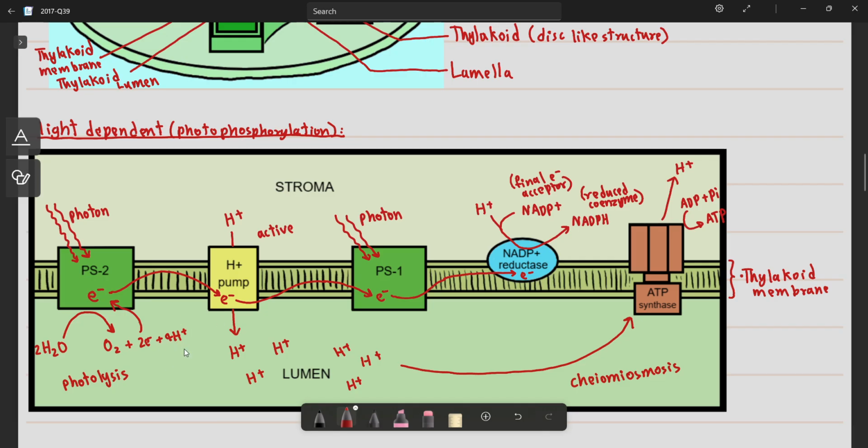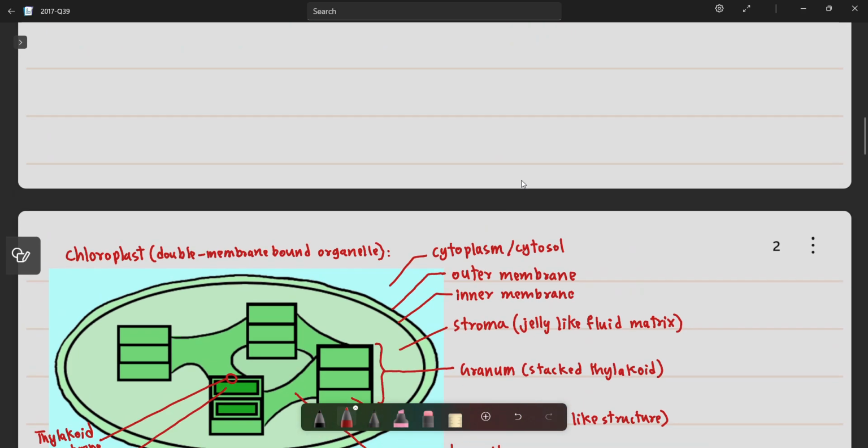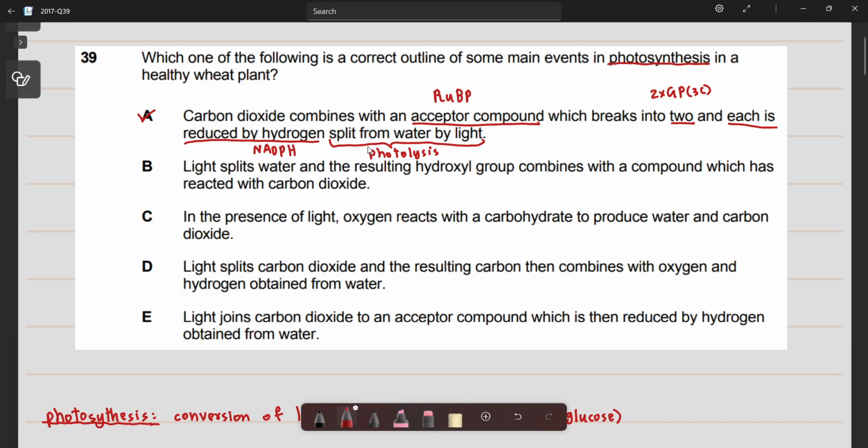So these protons are provided by the water molecule that is split using photolysis in photosystem 2. That's what they're referring to, split from water by light. So that's why this option is correct. Now we can go through each of the other options and find out why they are wrong.